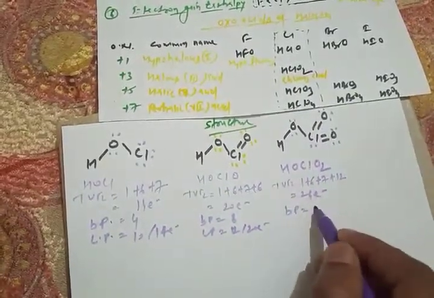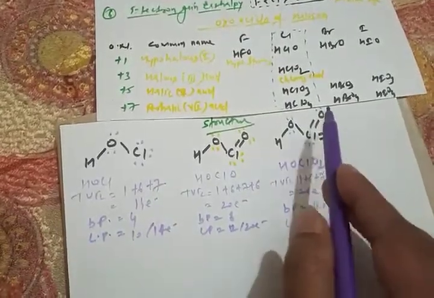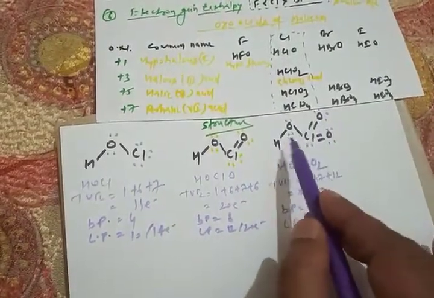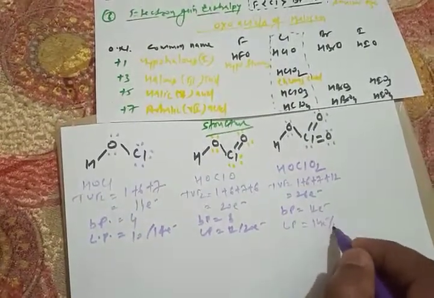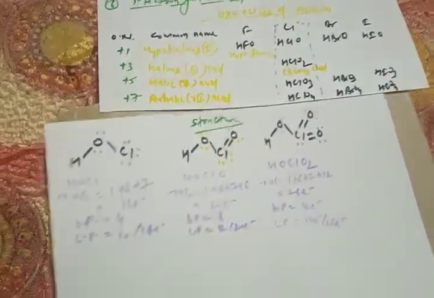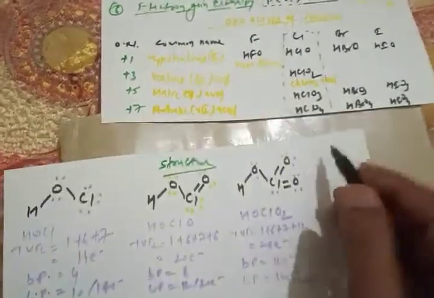Total bond pair is 12. Lone pair 4 4 4, 12 and 14. So again this structure is correct because the lone pair bond pair combination is correct. And we are left with one structure.